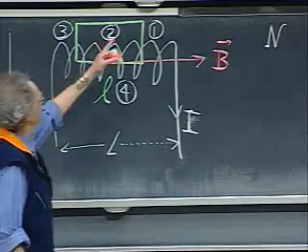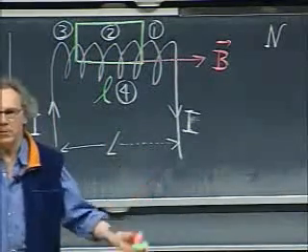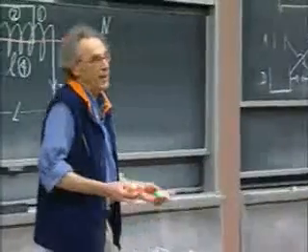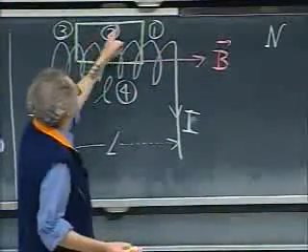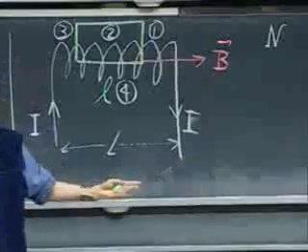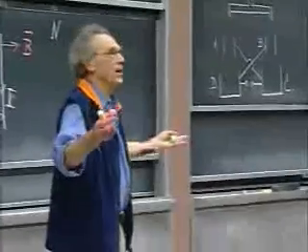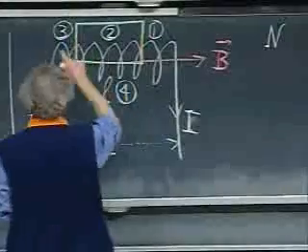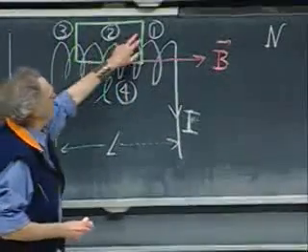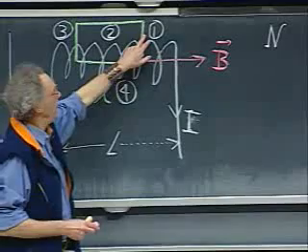Let's first look at number 2. We have assumed that the magnetic field is practically 0. So clearly, if you go around, the contribution here must be 0. If the magnetic field is 0, then the integral of B dot dl is 0. So that's easy. But if you look at 1 and 3, there is a very small magnetic field outside.